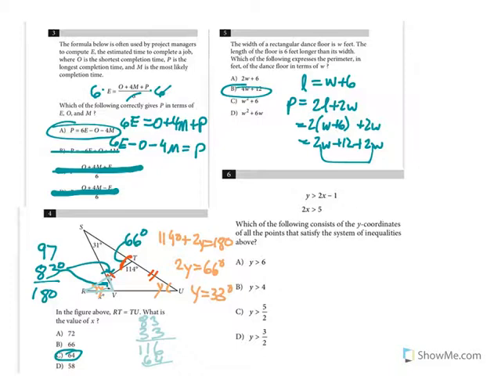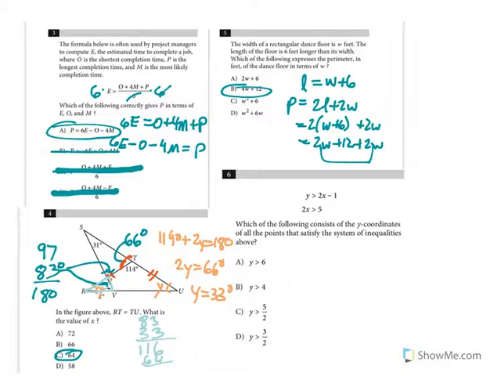Which of the following consists of the y-coordinates of all the points that satisfy the system of inequalities above? All right, so we want y to be greater than 2x minus 1 and 2x greater than 5. We see we are talking about a system of equations, but we have to read the question carefully, so we can understand how to go towards getting a solution here.